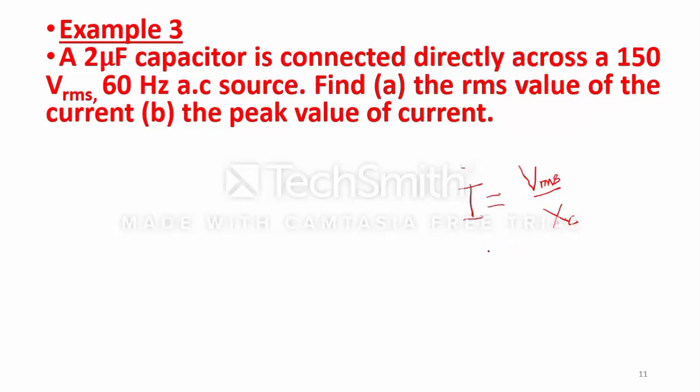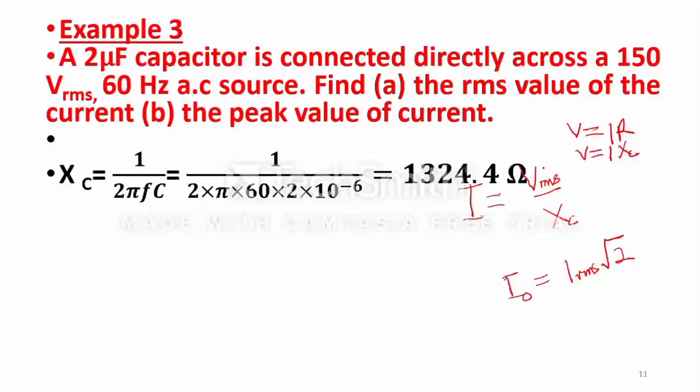And then we are also going to use peak current at the values. Now, we are going to find the capacitive reactance first. And from there, we use this expression because we already have the root mean square voltage. So for the second one, B, we now use I naught equals I root mean square times root 2. Let's move forward.